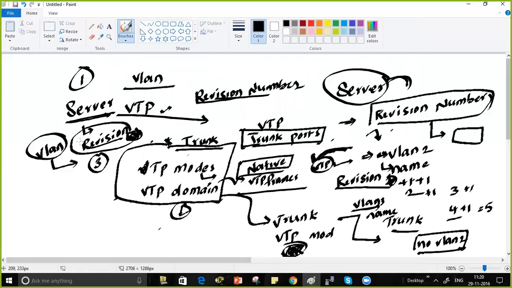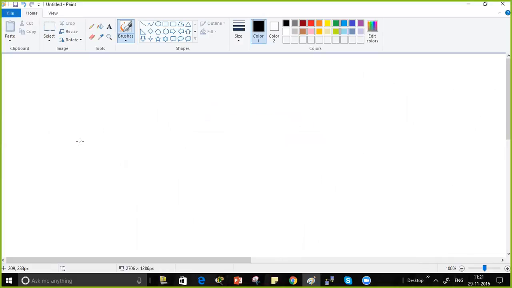So that's why it counts as the highest revision number. The one which has the highest revision number is the server. Based on the revision numbers, it will act like a server.